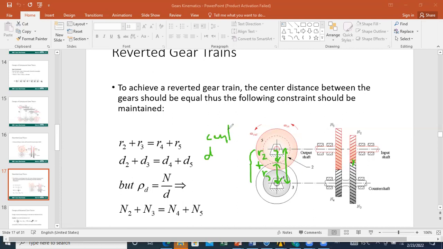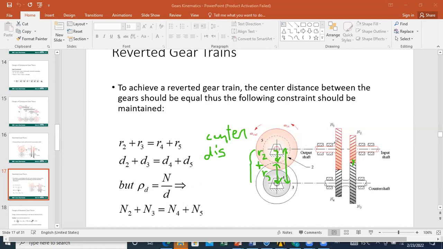But at the same time, because we said that the input and output shafts are concentric, they are along the same line. Okay, then also gears 4 and 5 share the same centers, if we do the projection.